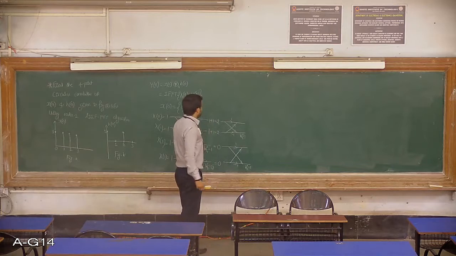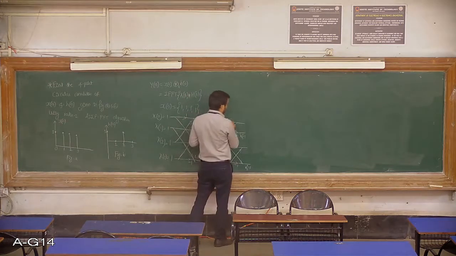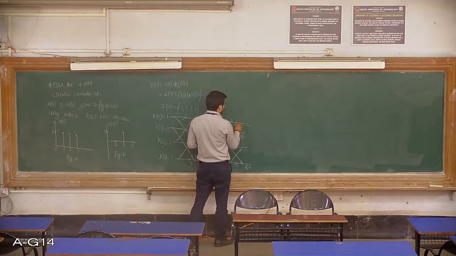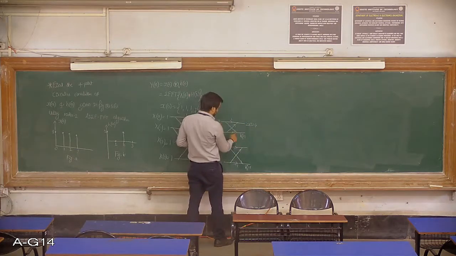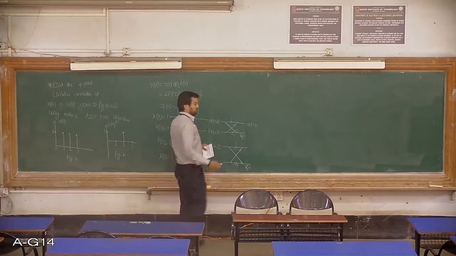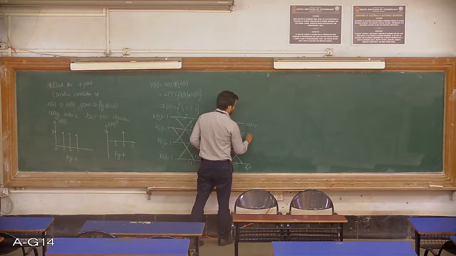Compute the values. 2 into 1, 2. 2 and here addition is there. This 2 plus this 2, here we'll get 4. And next here it is 2, because this 2 is connected here. 2 into minus 1, minus 2. So minus 2. 2 minus 2 is 0. 0 into 1 we'll get 0.